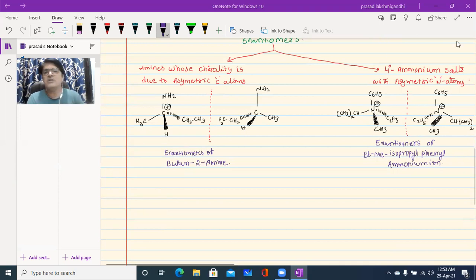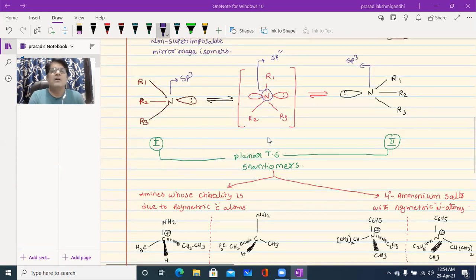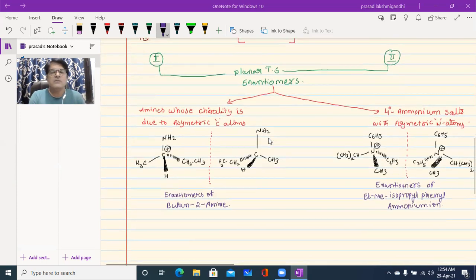So this one also has an asymmetric nitrogen atom, not symmetric. It is just like chirality, so it shows optical activity. That means non-superimposable mirror images, so they are enantiomers. That's it, it's very simple.